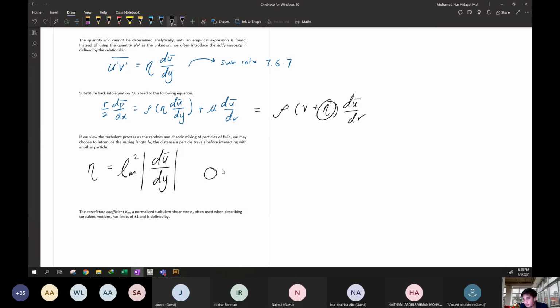The particle moves in this direction, hitting another particle, hitting another particle. So Lm is the mixing length before the particles hit one another. So this is basically the average. Alright, so this is by the definition.